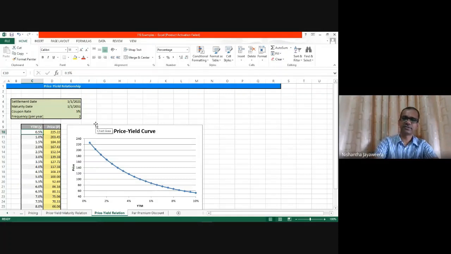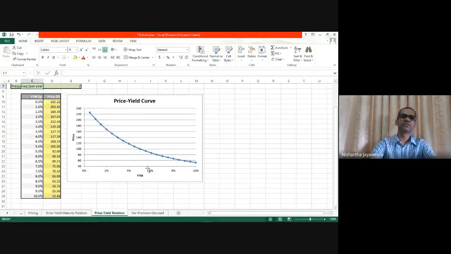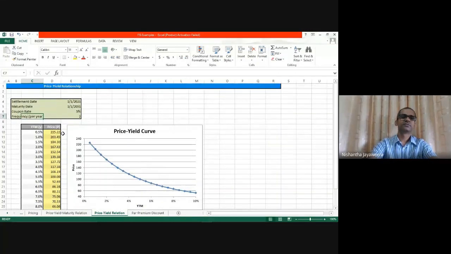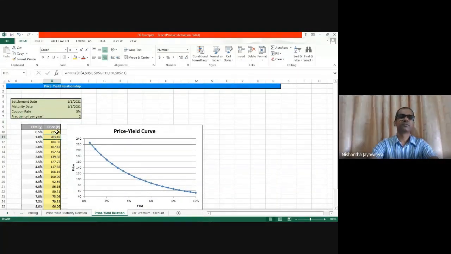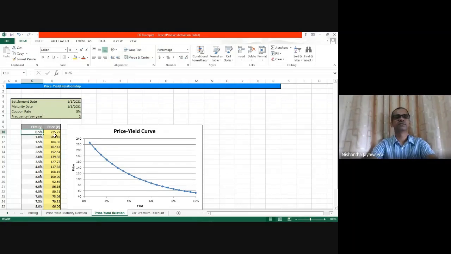For different yields, the same bond, I calculated the price. You can see when the coupon rate is 5% and the yield to maturity is 0.5%, the value of the bond is 225.22 when the face value is 100.